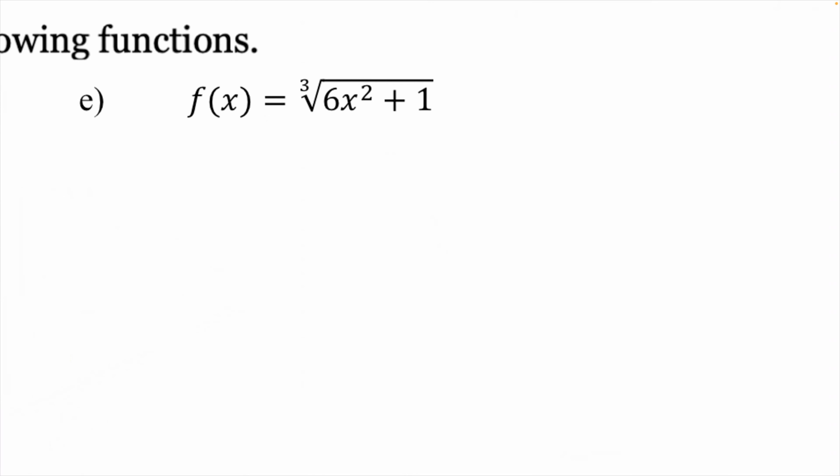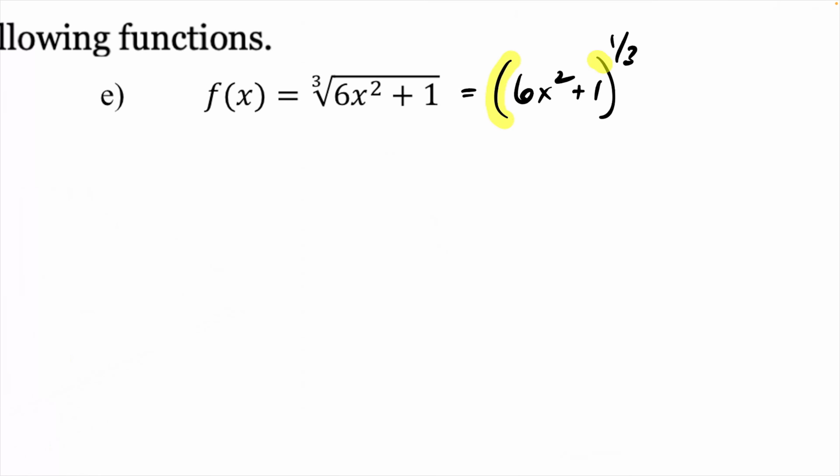Okay, so E, I'm going to rewrite it. 6x squared plus 1. This is 1/3 power, right? So outside layer is something to the 1/3 power. So let me find the derivative of that first.